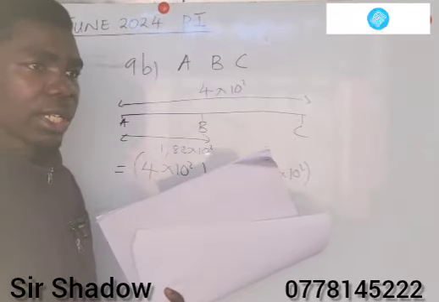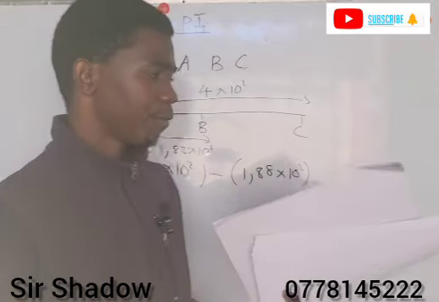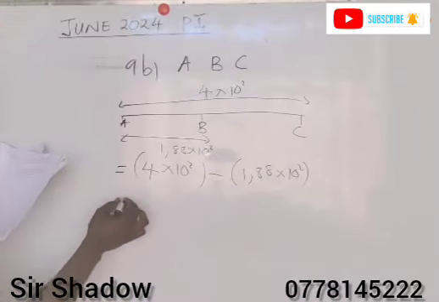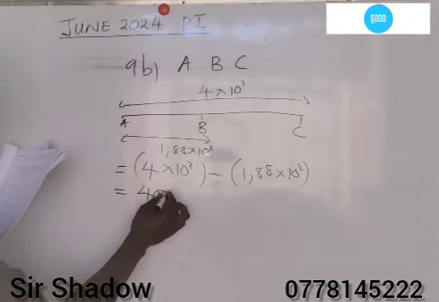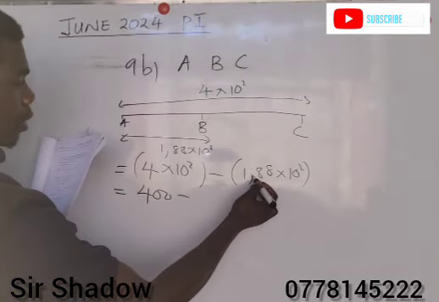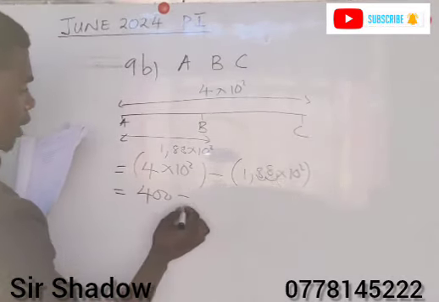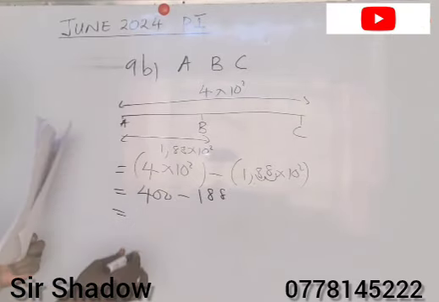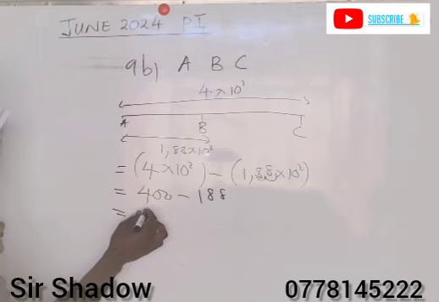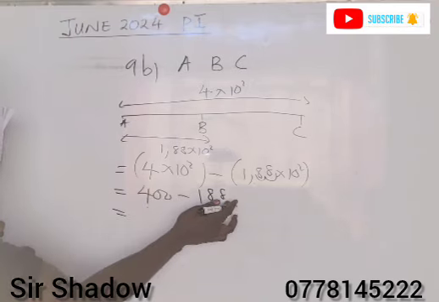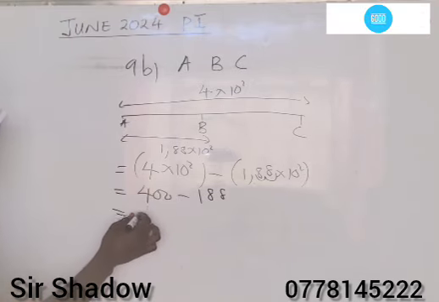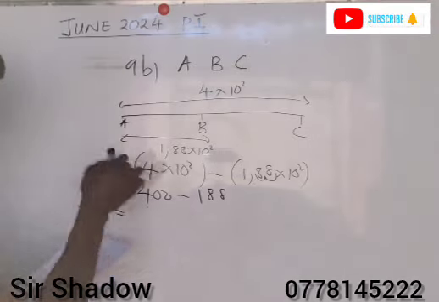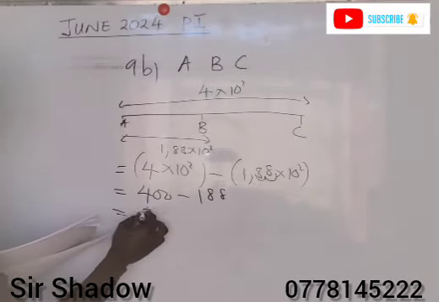To subtract the numbers in standard form, let's convert them to ordinary form. It becomes 400 here, minus this one, 188. So this is equal to 400 minus 188, which gives us 212.